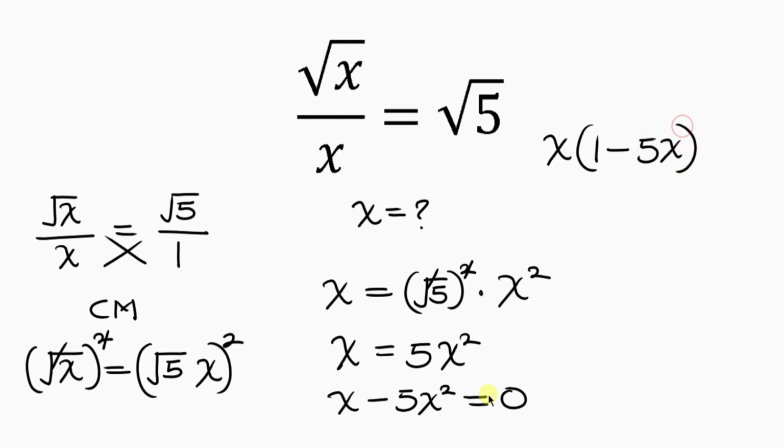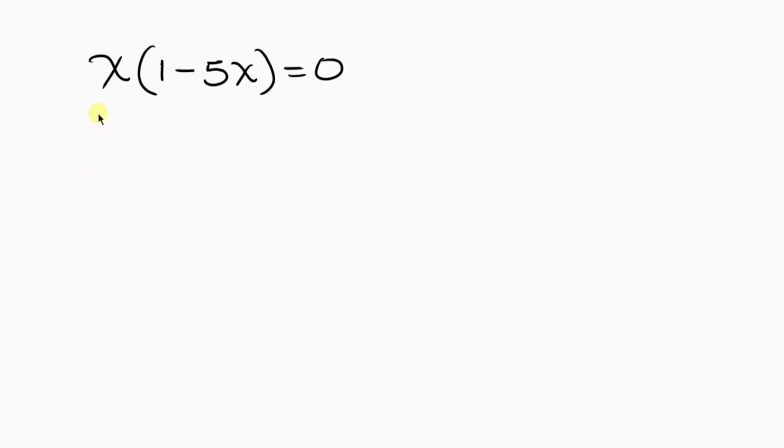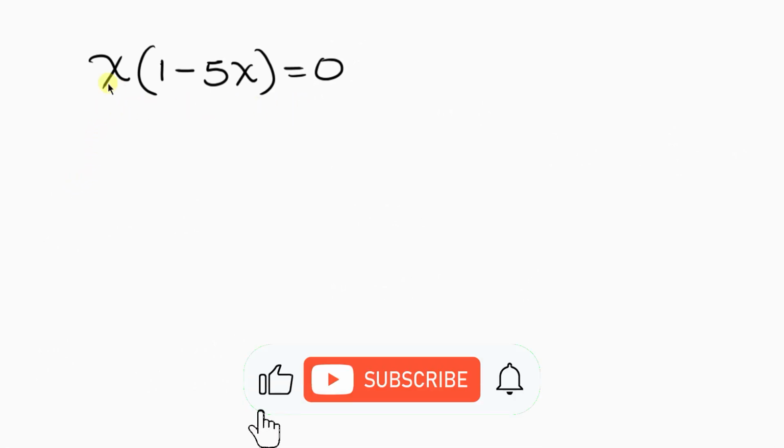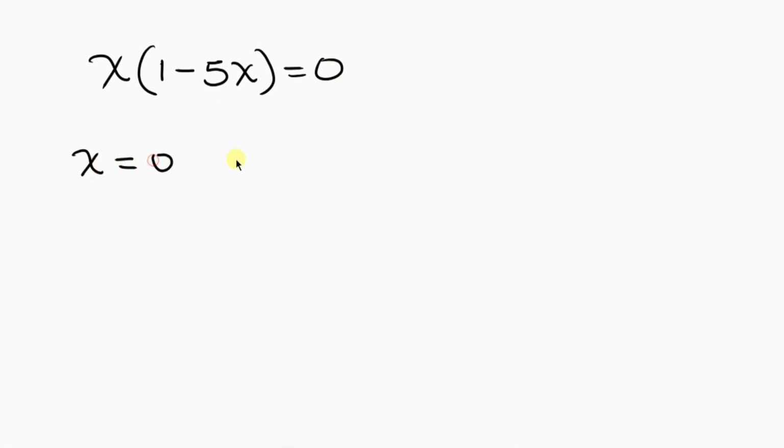Close bracket, and this is equal to 0. So we have two cases, and one of the cases we have from here is x is equal to 0, and then the other case is 1 minus 5x equal to 0.